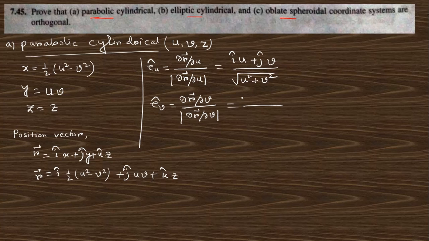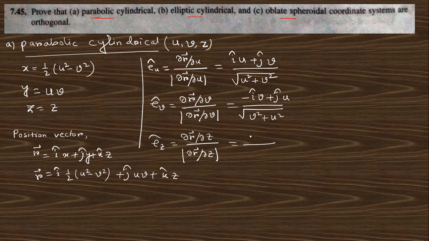The derivative gives you minus i cap v, and j cap u, divided by root under v square plus u square. And for z, it is del r vector by del z divided by its modulus. With respect to z, this gives you k cap, and the root under 1 is 1. Okay, we got the unit vectors.